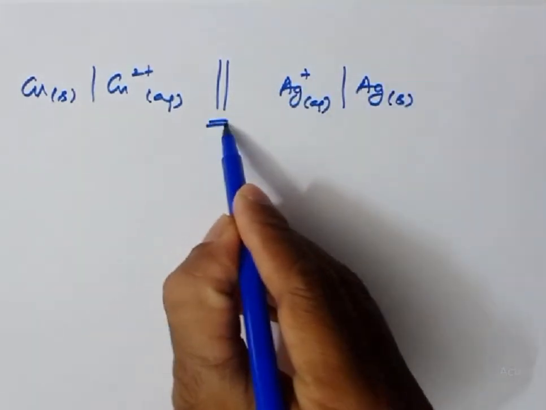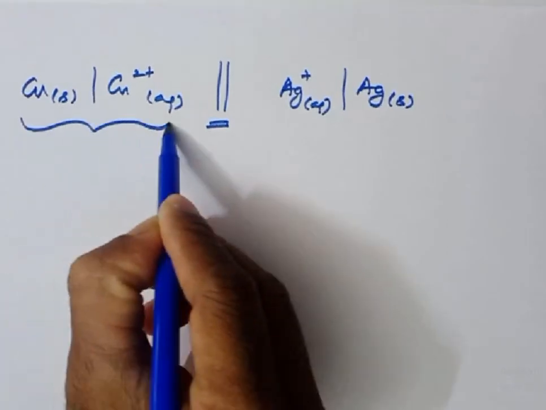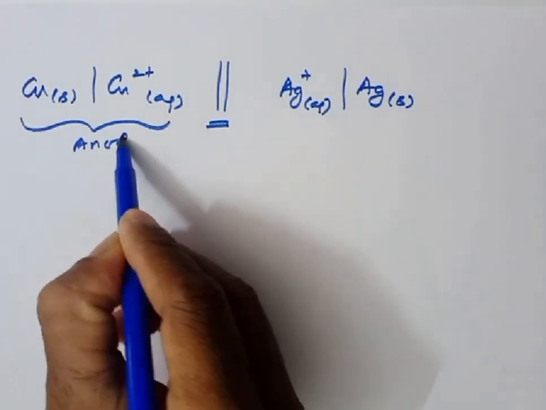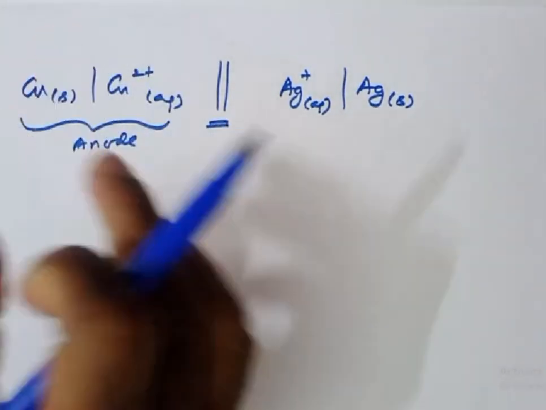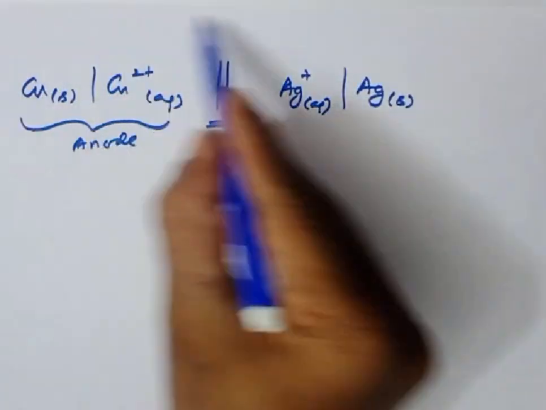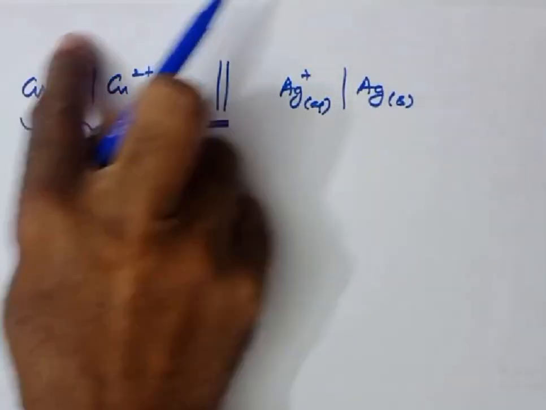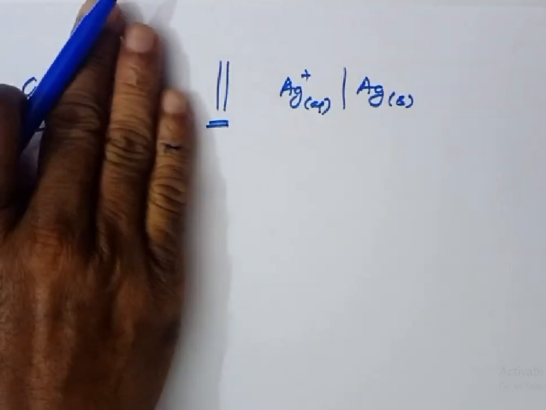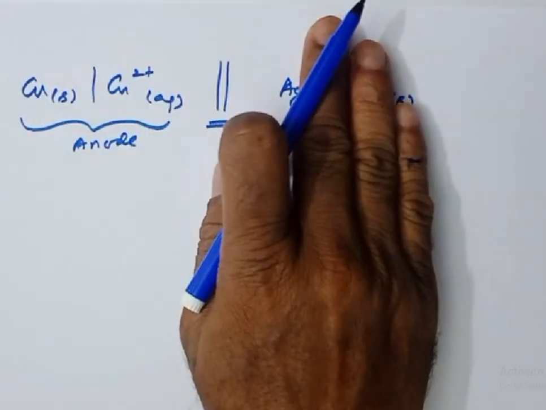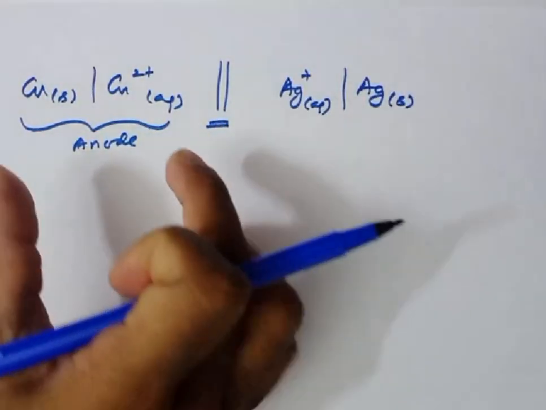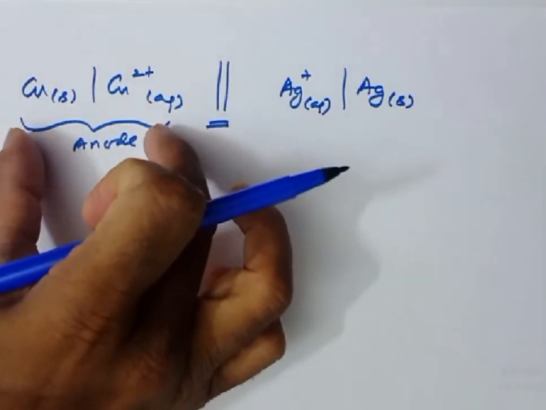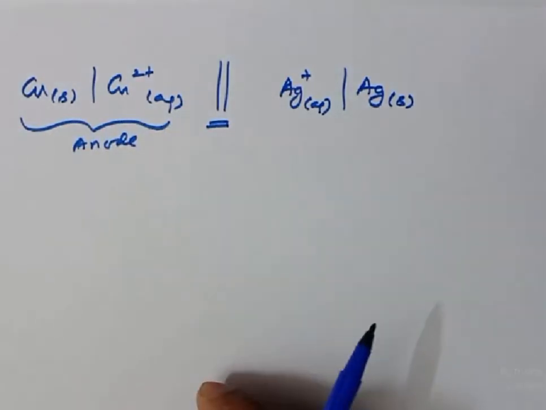This is the salt bridge and this is the anode half cell. We say that the full arrangement is one full cell, a complete cell. This half is one half cell and this is another half cell. So a cell consists of two half cells. One is the anode, the other is the cathode compartment.